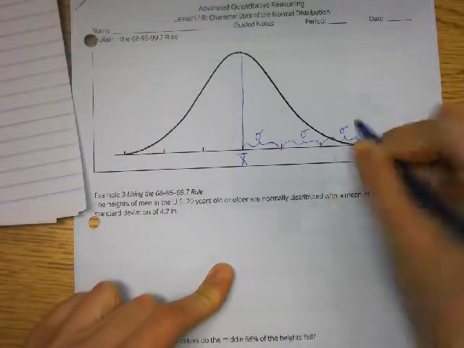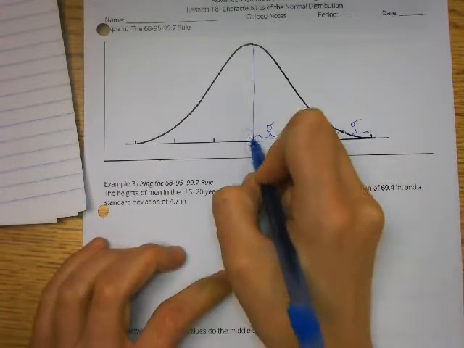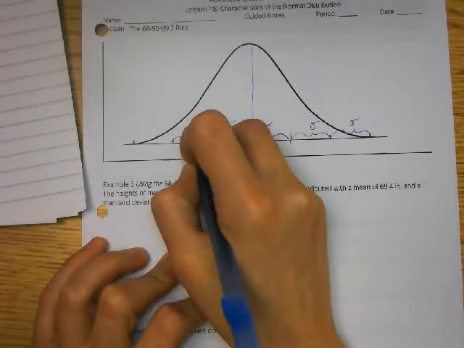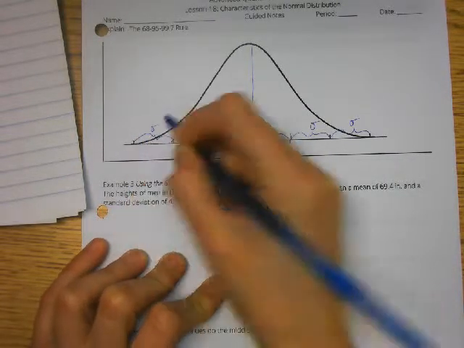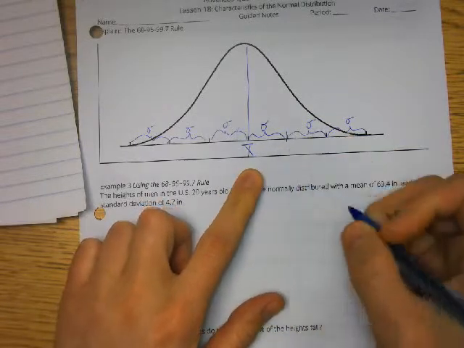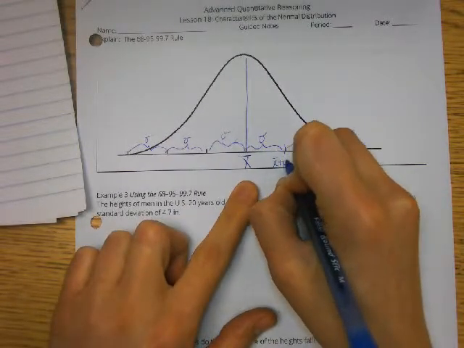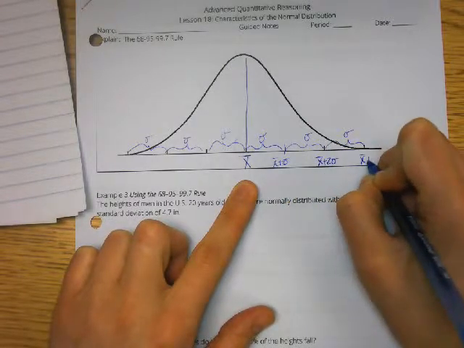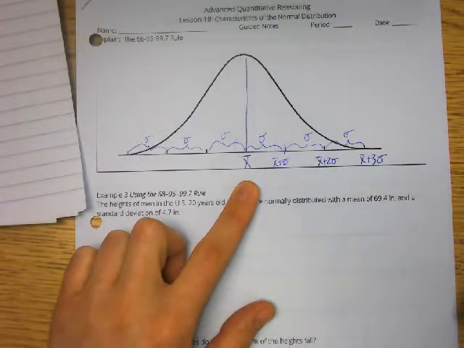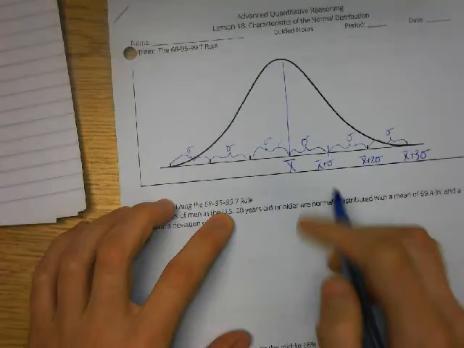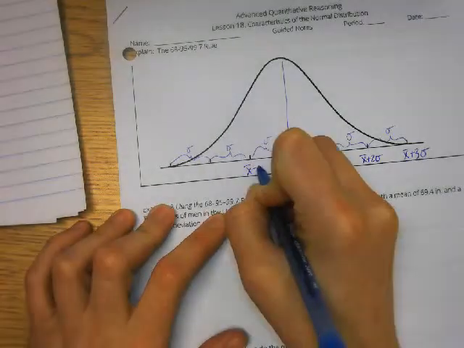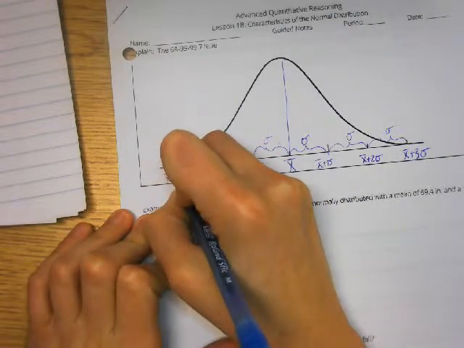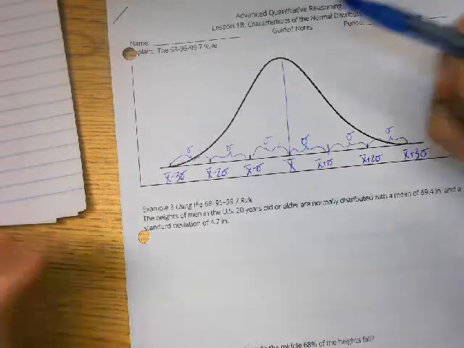They're one standard deviation in width, okay, to the right and to the left. So the points along the x-axis are x bar plus sigma, x bar plus 2 sigma, and x bar plus 3 sigma. To the left, it's x bar minus sigma, x bar minus 2 sigma, and x bar minus 3 sigma.